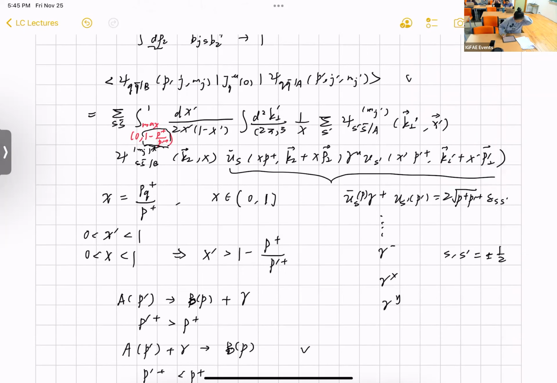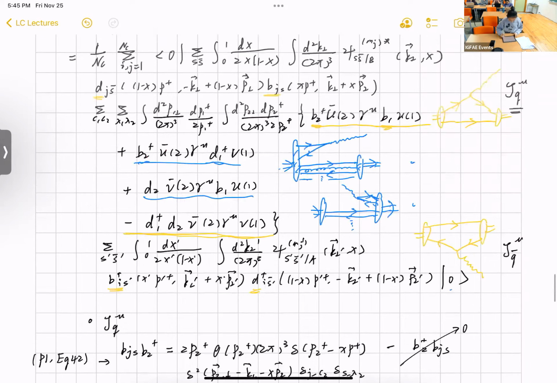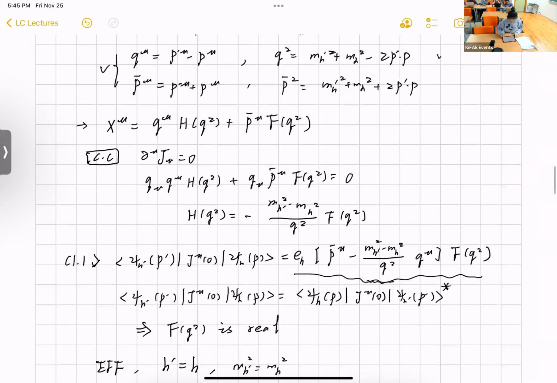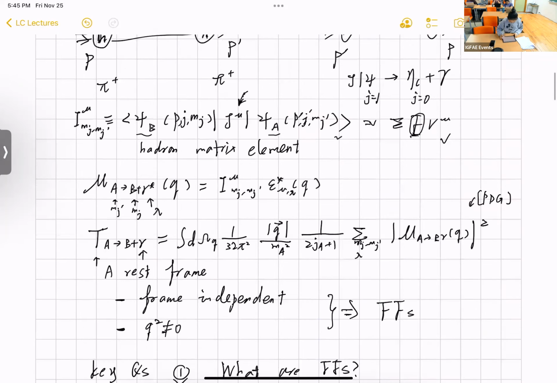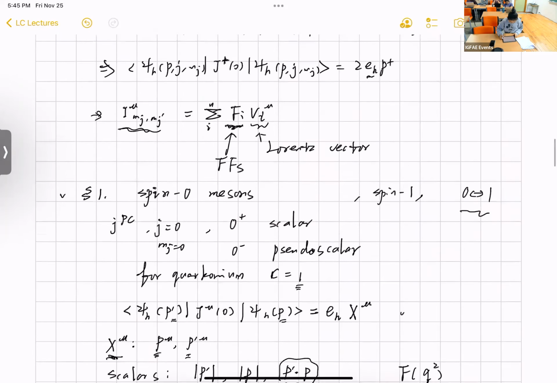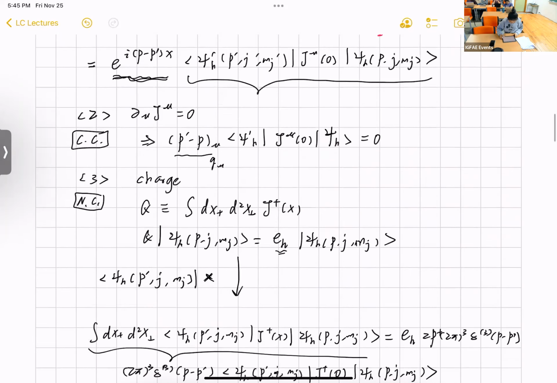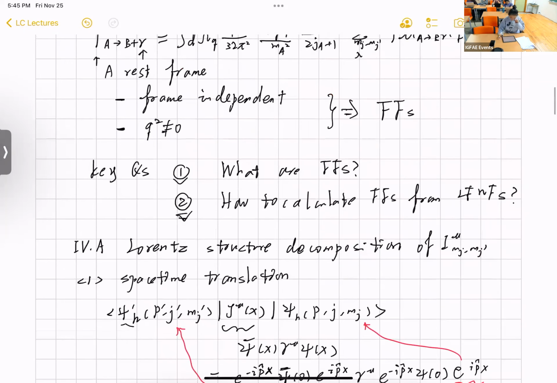Okay, so now let us review what we have together. So the two key questions: we have addressed what form factors are, and now we also know how to calculate the hadron matrix element from the light-front wave functions.